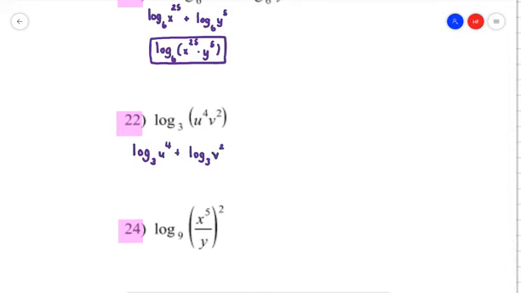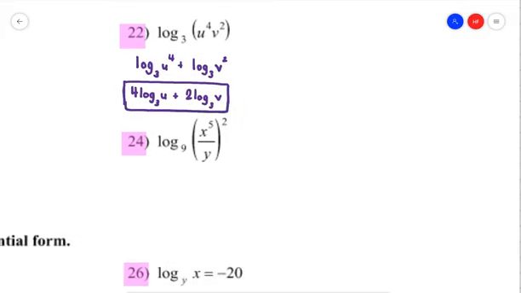So log base 3 of u to the 4th plus log base 3 of v squared, and then our exponents become our coefficients. So 4 log base 3 of u plus 2 log base 3 of v. And that's as much as we can separate, so we're done expanding.